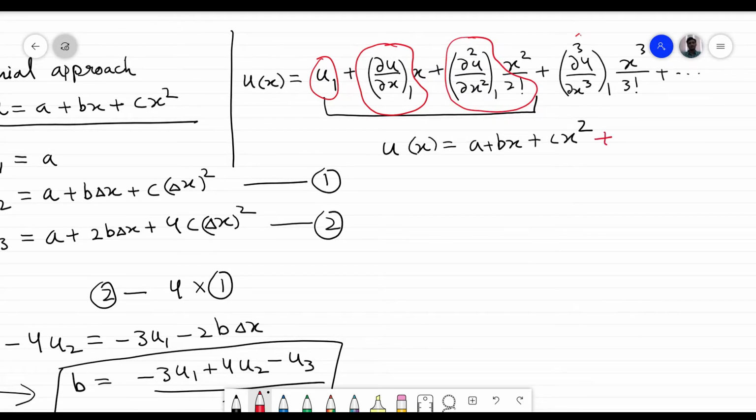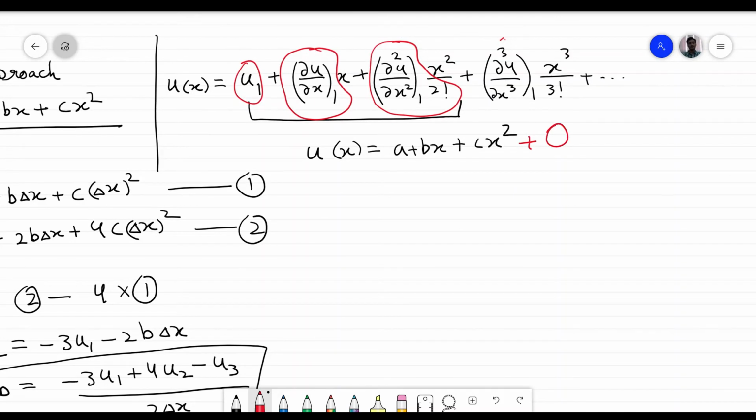And then you have order x cube, that is the truncation error. Okay.